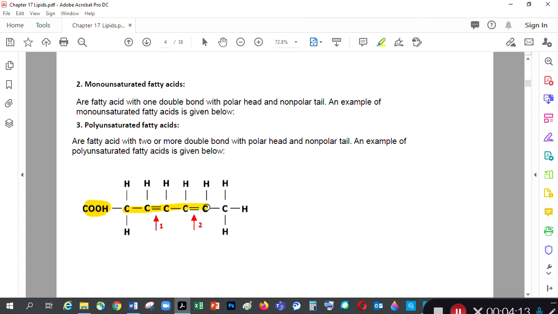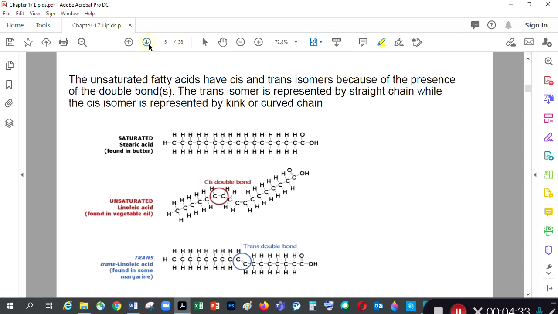This is our tail, and this is our double bond. This is unsaturation, and this is polyunsaturation, because we have two double bonds in this fatty acid.